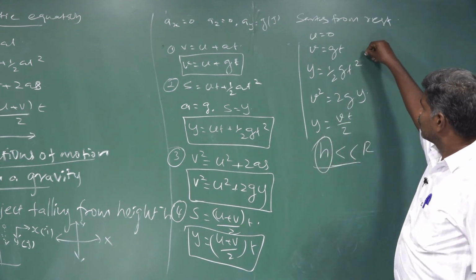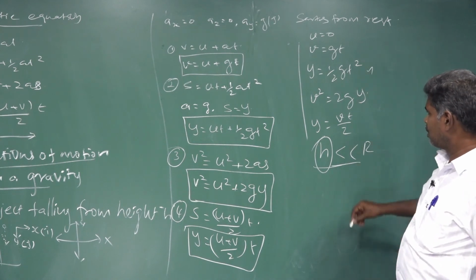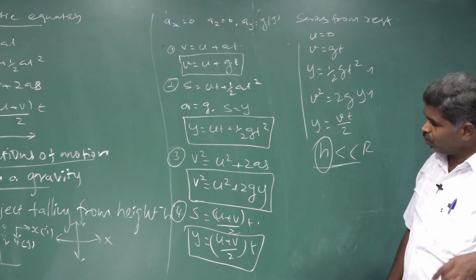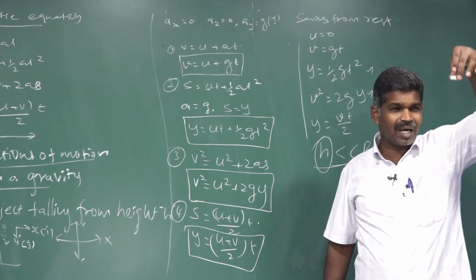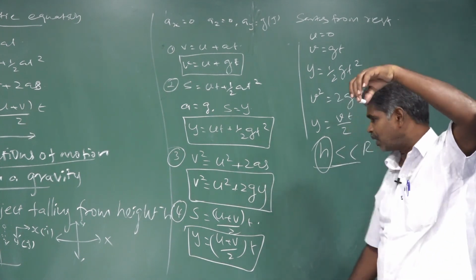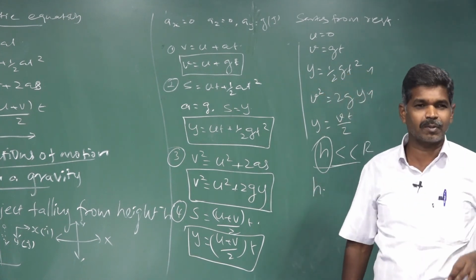The second and third equations I am going to tackle. What we are going to tackle means we are leaving an object from a height and it reaches the ground surface. So the displacement is the height of the building. Height of the building is the displacement.